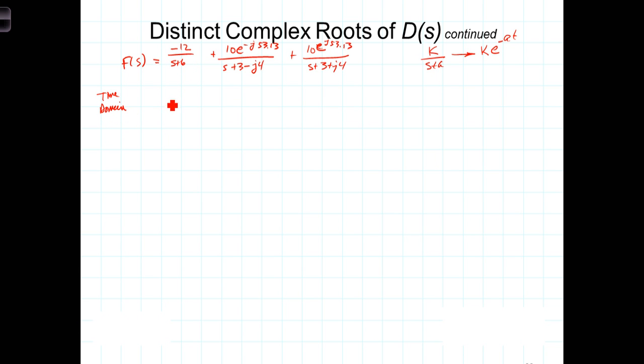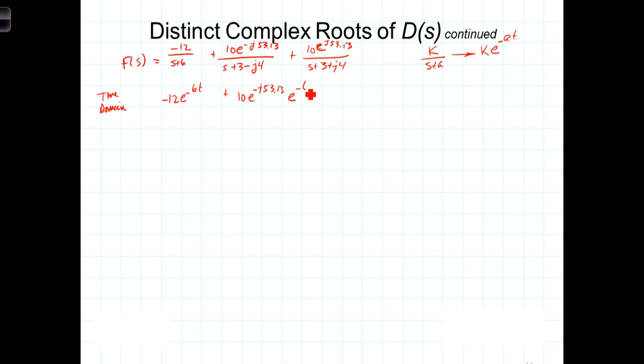This then goes to negative 12 e to the minus 6t, plus this term here, there's k, so it will be 10 e to the minus j 53.13. Then we have e to the minus a.